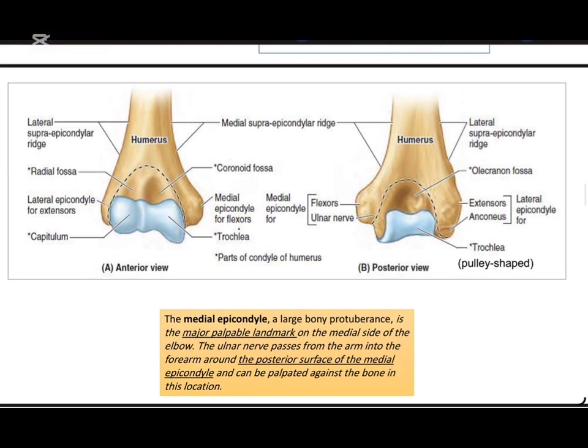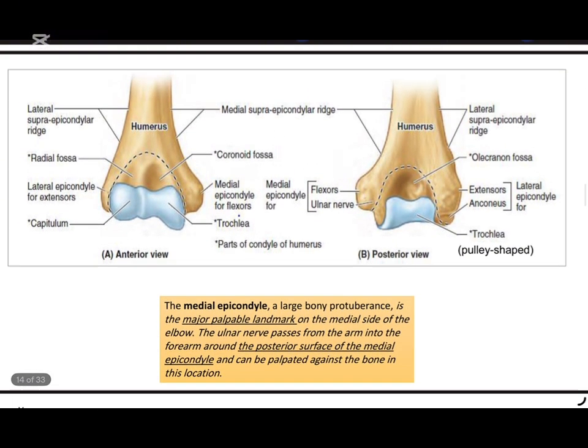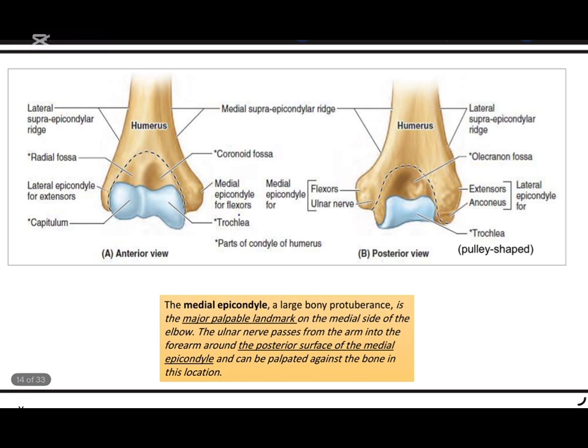Finally, the distal end of the humerus. What do I find? First, at the medial side, we find what is called the trochlea. Trochlea means pulley. So they find this area looks like a pulley, so they call it the trochlea. It is located medially.